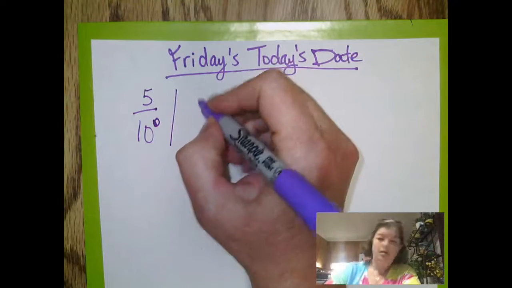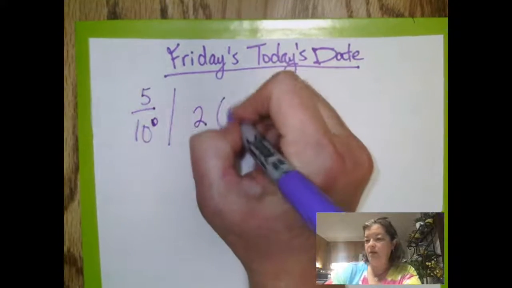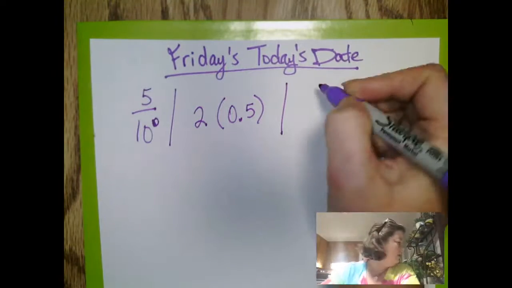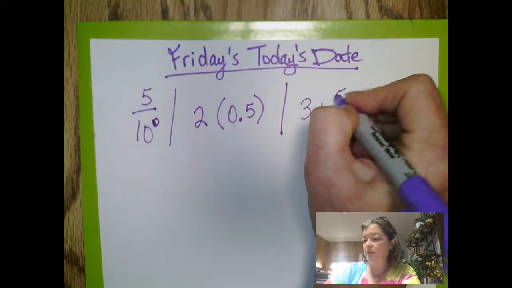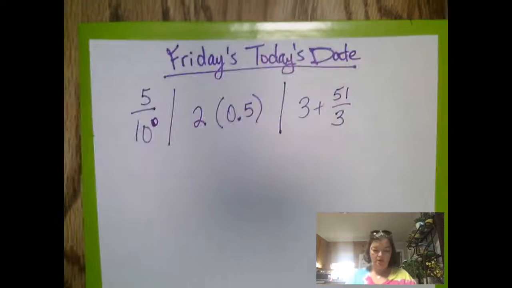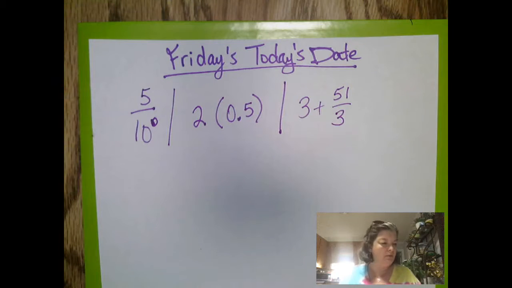Our day is 2 times 0.5, and our year is 3 plus 51 over 3. I'll give y'all a moment to work on that, and I'll go ahead and go over it.